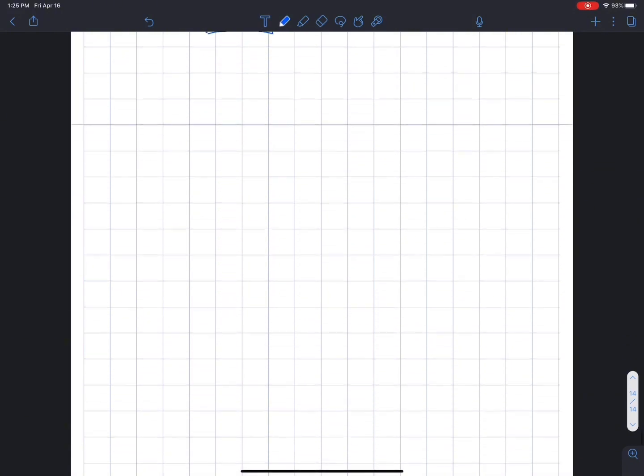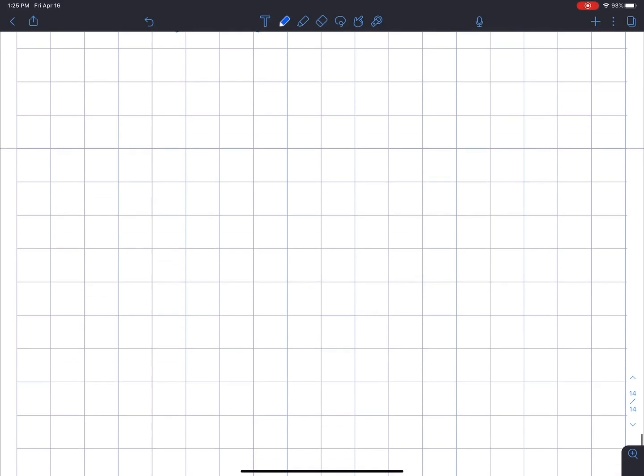Question 11. The length of a rectangular solid is 4 times the width, and the height is 3 times the width. Okay, so we should start by sketching this rectangular solid. The length is 4 times the width.